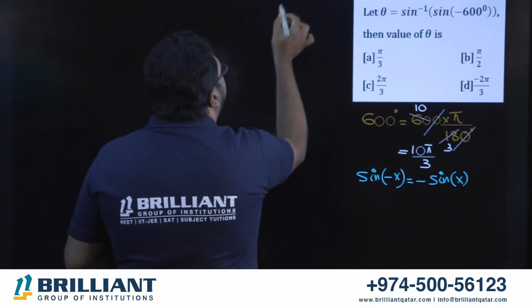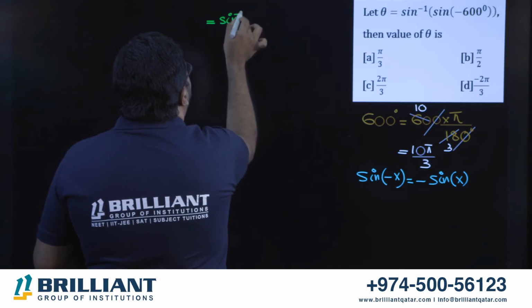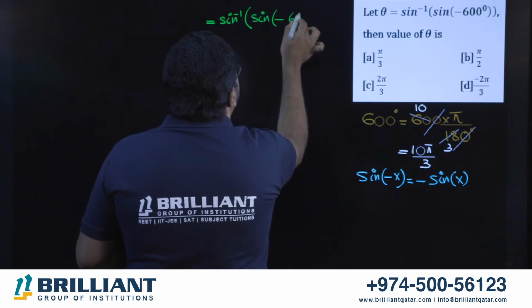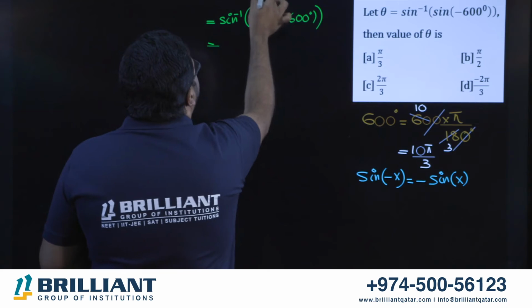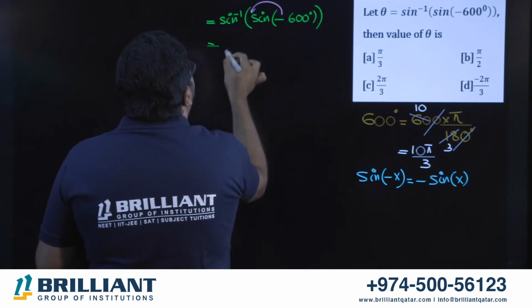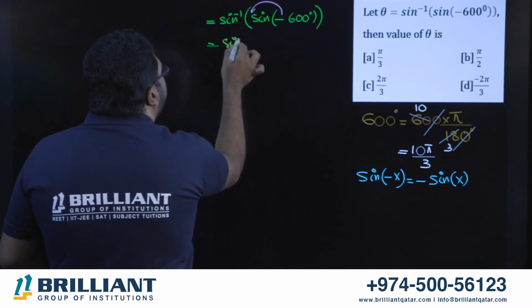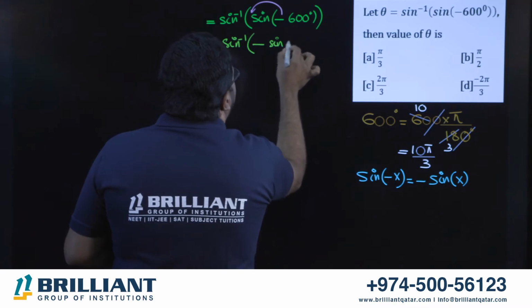So apply that here. Sine inverse of sine of minus 600 degrees. First thing, I will take the negative out. If I take the negative out, the answer is going to become sine inverse of minus sine 600 degrees.